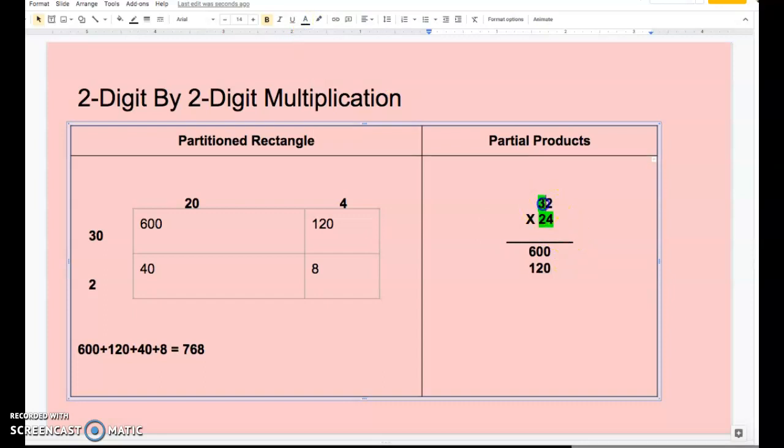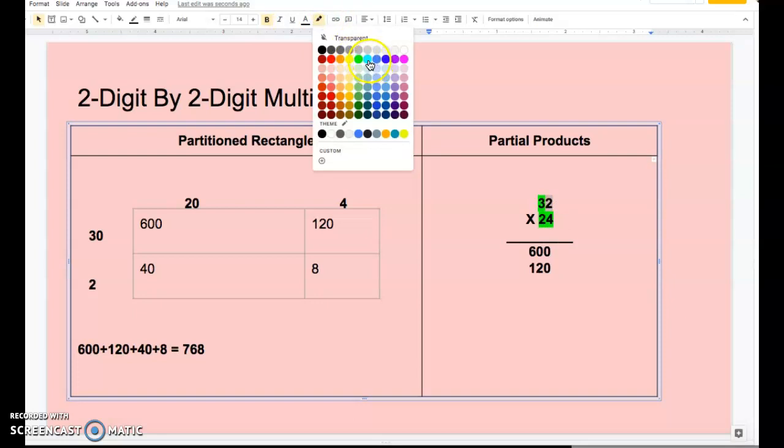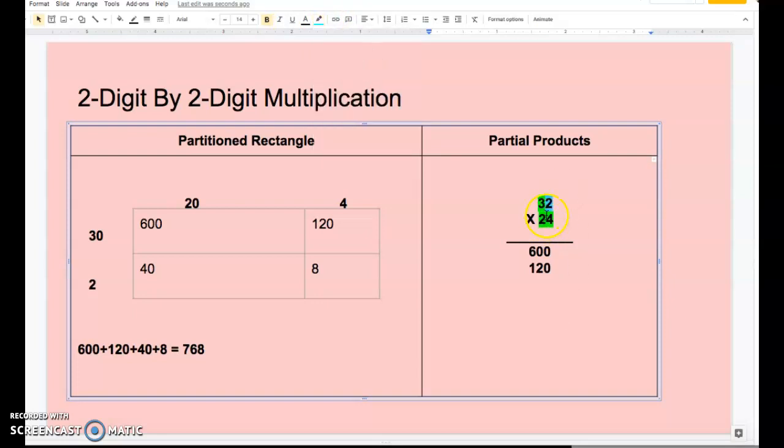So now my 3 is complete. Now I need to multiply my 2 that's left over by 20 and my 2 by 4. So I'm going to make my 2 now a different color so I don't get confused. It'll be blue. 2 times 20, that's the first thing that I need to do.